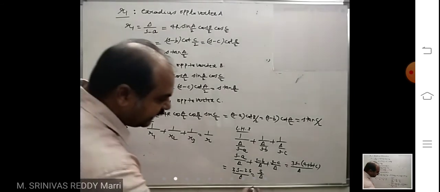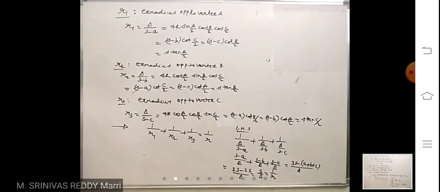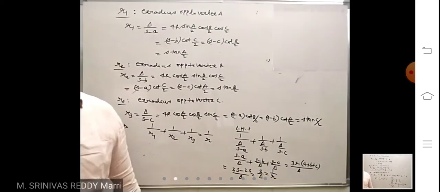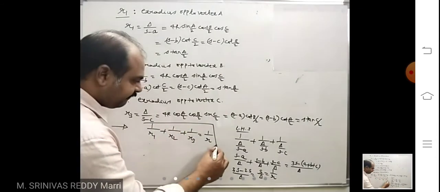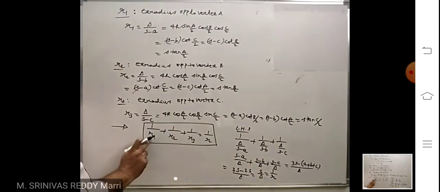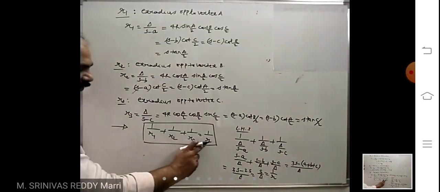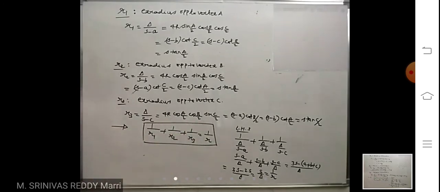Now R is delta by S, so this is the reciprocal, 1 by R. S by delta is nothing but 1 by R, because R is delta by S. This is the relation. If you know R1, R2, R3, that means the exradii, and you want to calculate the inradius, use this formula. So this is the relation between R1, R2, R3 and R.